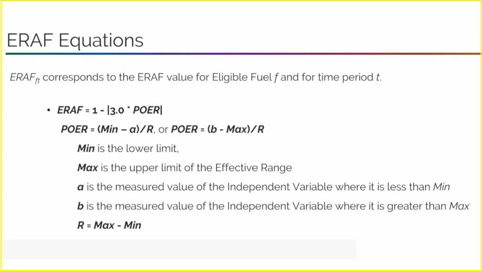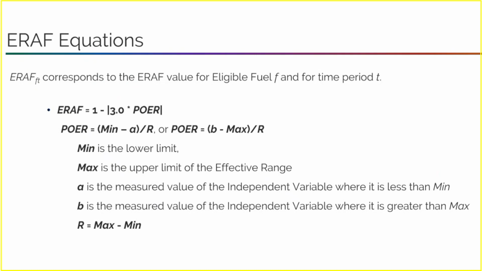The POER in this particular case, in that second line, refers to the percentage outside effective range. It's a value that reflects how far outside of the range the independent variable is, but it's proportionate to the size of the effective range itself, so the magnitude of the effective range.